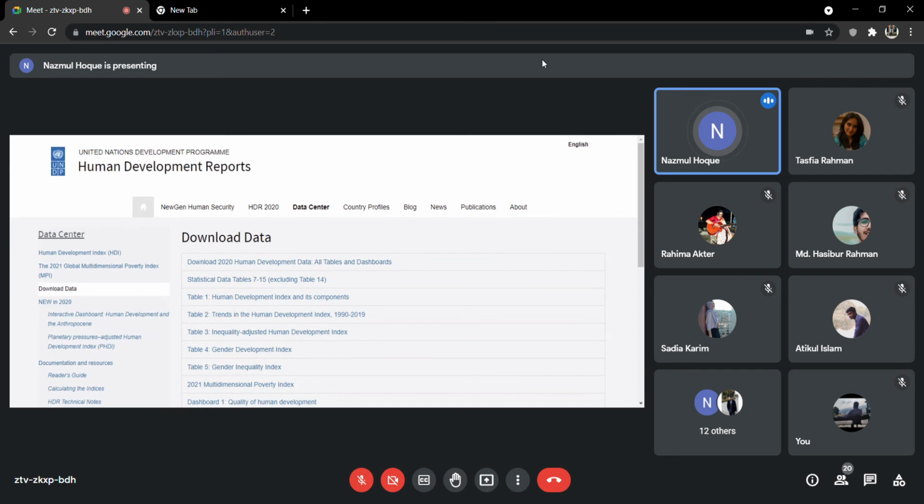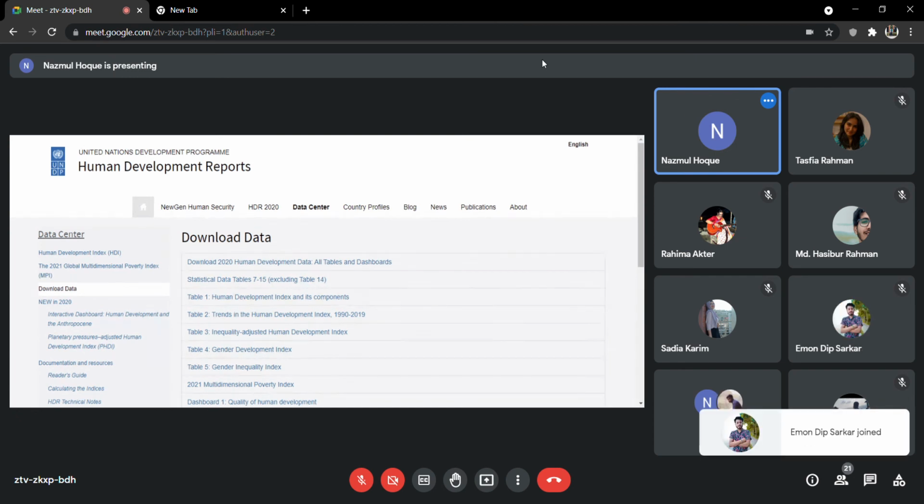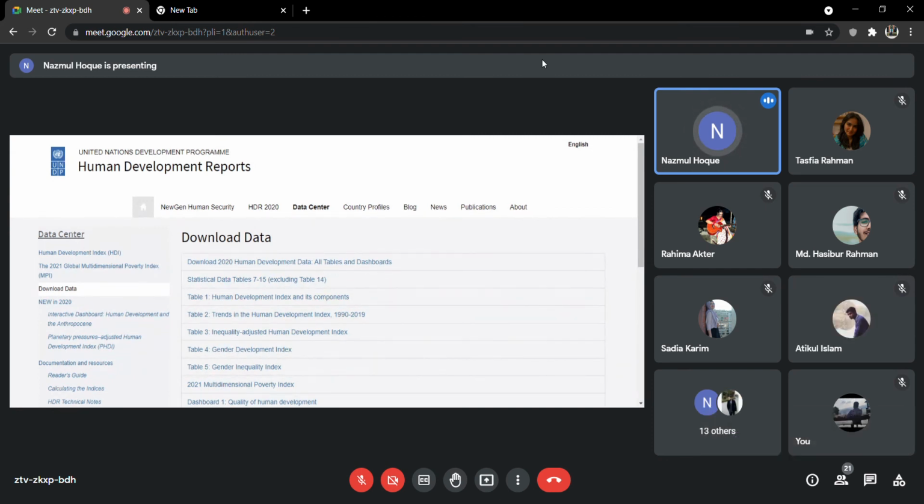Okay, let's see, dashboard. No, I think it should be somewhere here, Table 15. One of the tables, as I mentioned before, has the time series data with the total, overall HDI value. So you can definitely take that information from here.